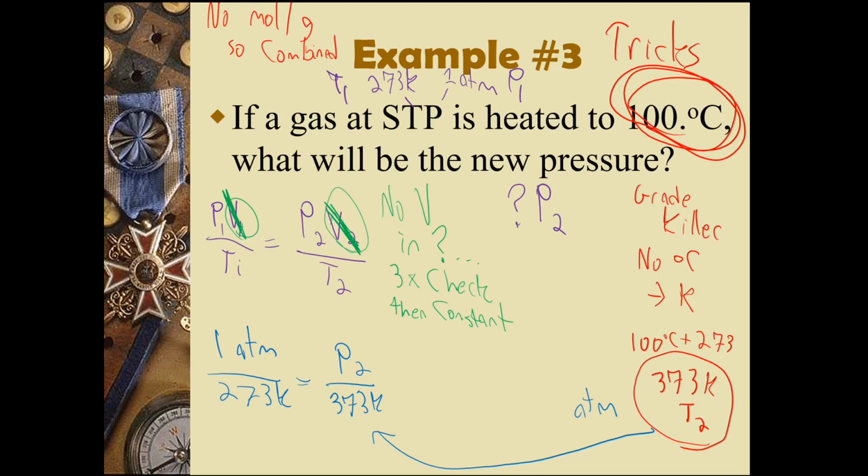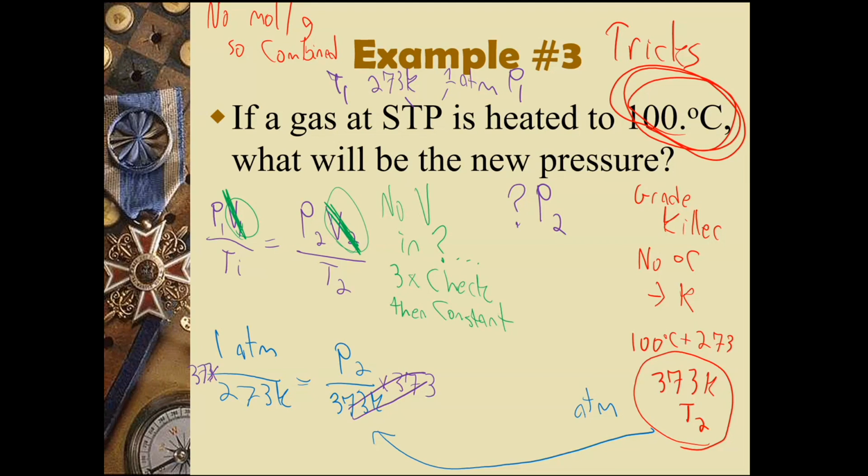And all we have to do then is multiply both sides by our 373. Times 373 will cancel this out, but we have to times by 373 on that side as well.